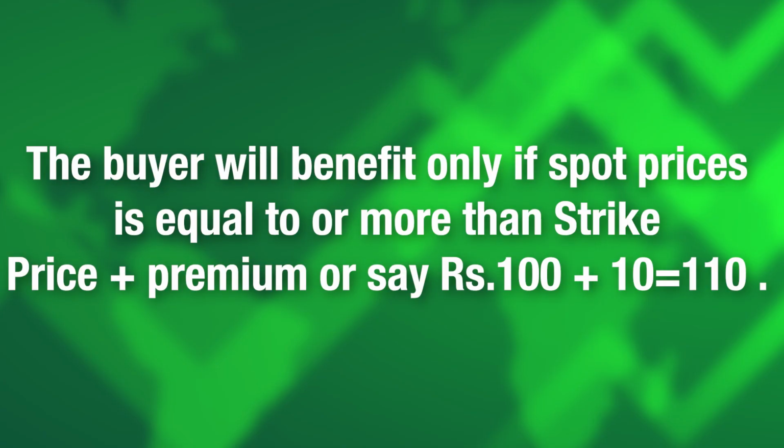But the buyer will benefit when the spot price is equal to or more than the strike price plus premium. In this case the strike price is 100 and the premium is 10. If the current price of the share is more than 110, the buyer will benefit.